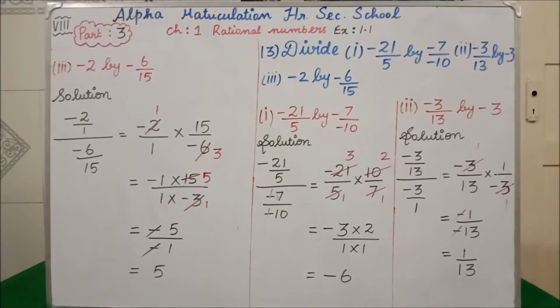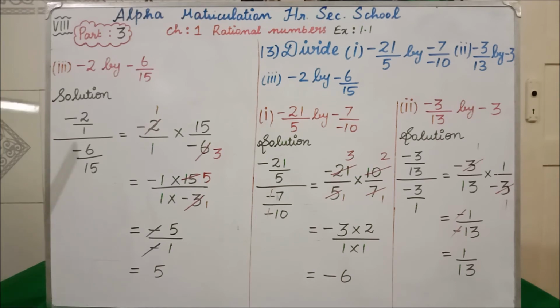Students, this is the third subdivision of the 13th question. If you see the question, minus 2 by minus 6 divided by 15. Okay, here minus 2 only is there, here the denominator is not there, which means what? You have to consider the denominator part as 1. Okay. Clear all of you?